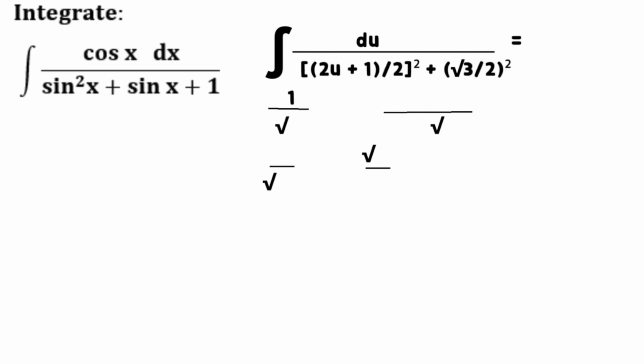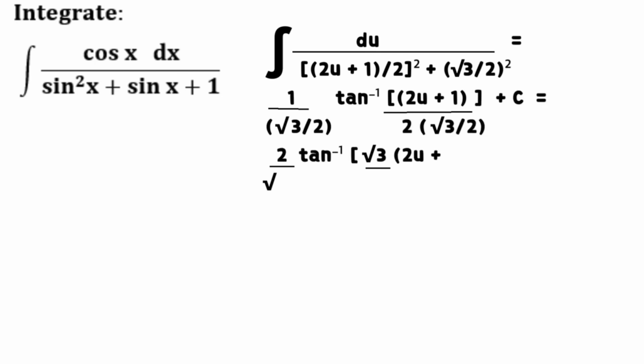We have that the integration of the inverse of the sum of the square of half of 2 times u plus 1 and the square of half of the square root of 3 with respect to u equals the product of 2 divided by the square root of 3 and tan inverse of the square root of 3 and 2 times u plus 1, all divided by 3, plus c, which is the constant term of integration.